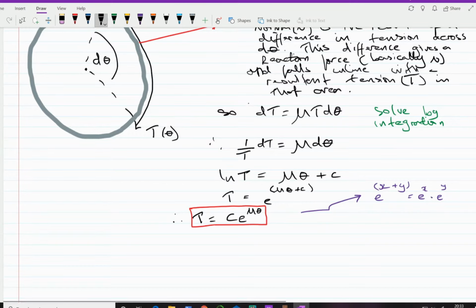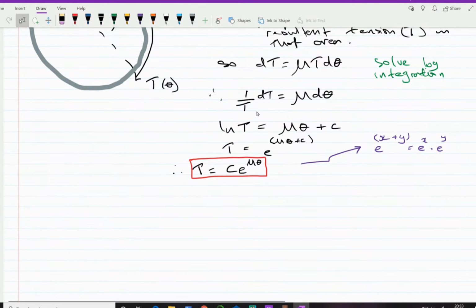So we have our solution for the tension, where C, the constant of integration, is something to be found.